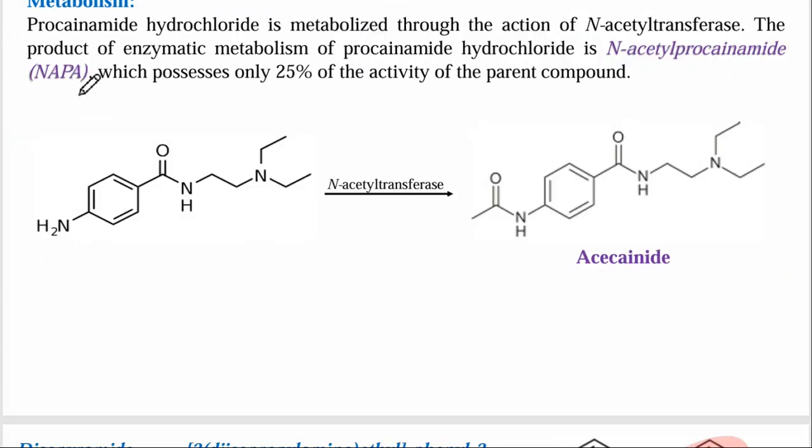Then its metabolism. Now the metabolism of procainamide is very important. We remember when procaine was metabolized, it gives PABA, para-aminobenzoic acid, which is responsible for several allergic conditions. But here procainamide gives NAPA, N-acetyl procainamide, in the presence of N-acetyl transferase.